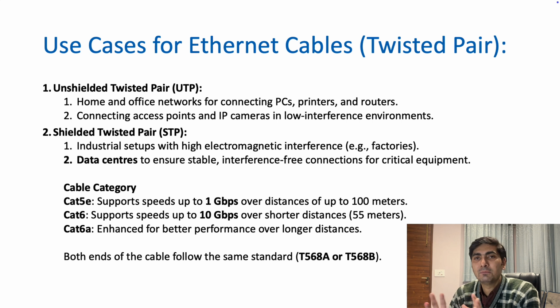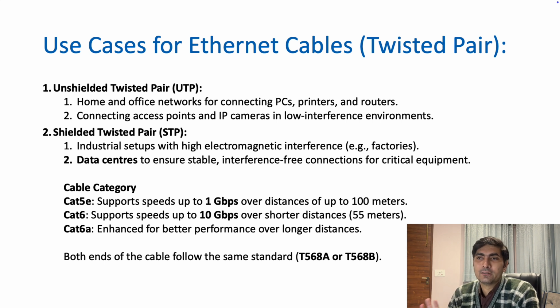So the first type of cable is used mostly. I don't think you need to connect your PC with another PC directly, right? Because we have other arrangements, like we can connect these two over Wi-Fi or to a switch. If you have a requirement of transferring data at very high speed, then you may consider a cross cable, but it is not very much needed. And switches have become very intelligent.